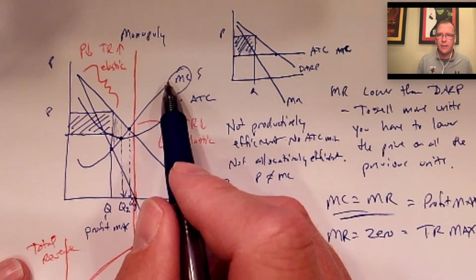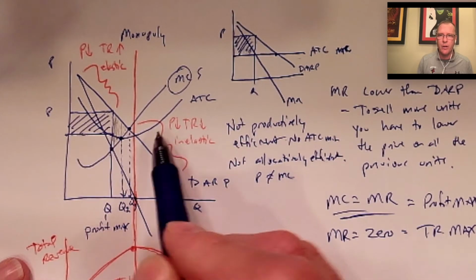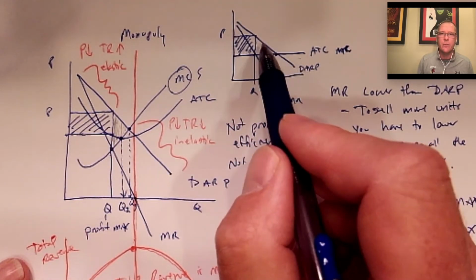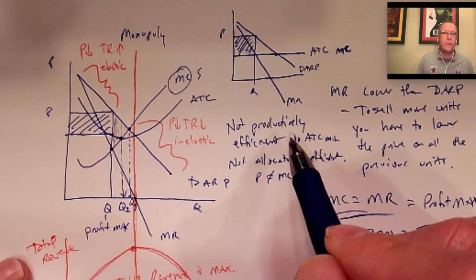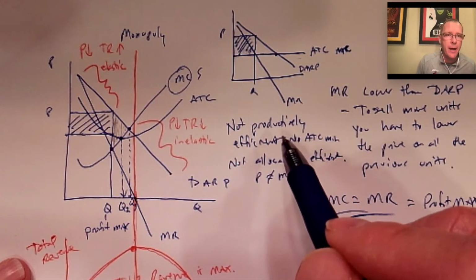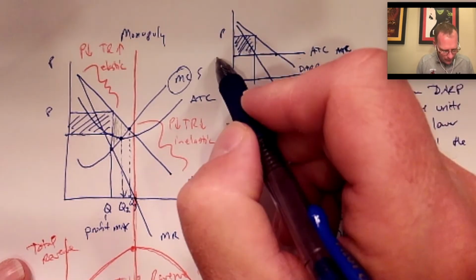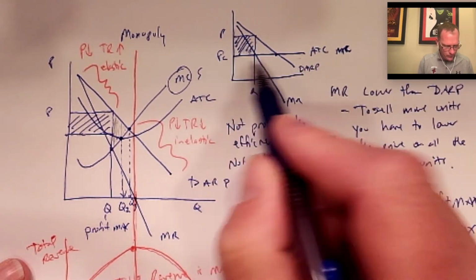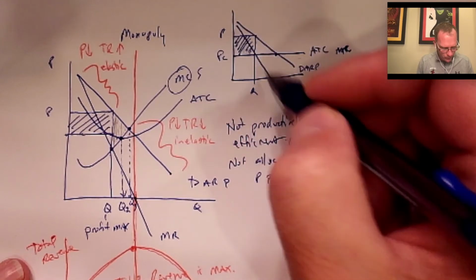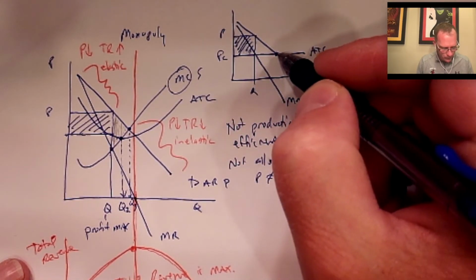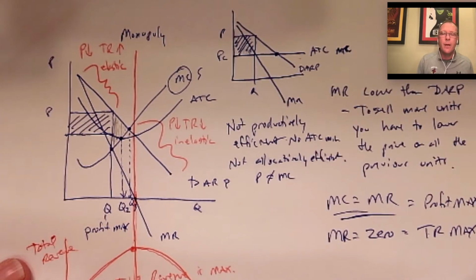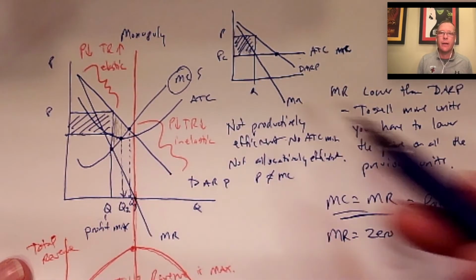So it would be taking my MC and my ATC coming across horizontal, and then there's my deadweight loss. Here is my profit. But if we were going to say, hey, where would a perfect competitor produce? A perfect competitor would produce right there, because it would be where my marginal revenue would equal my demand line now, and I would come out here where MC equals MR. So they could give you one like that instead of like this.